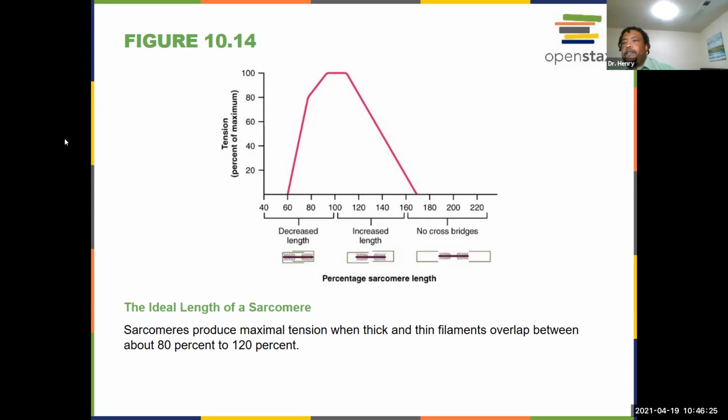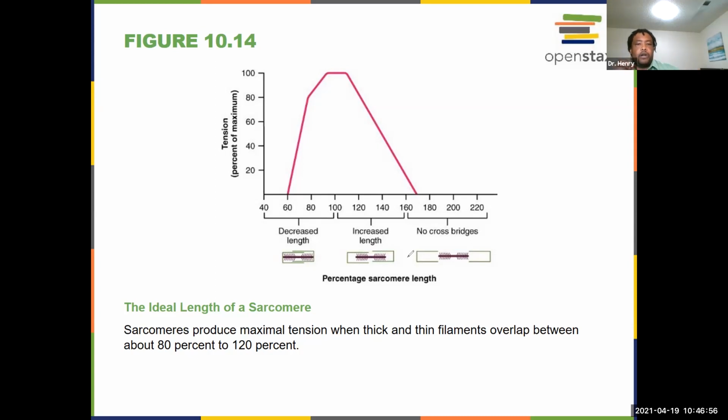Okay, so this is showing you the ideal length of the sarcomere. If we have the maximum length, there's no overlap between the thick and thin filaments, thick being the myosin and thin being the actin.